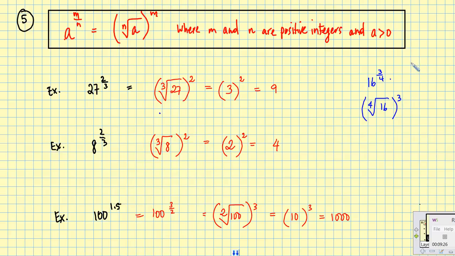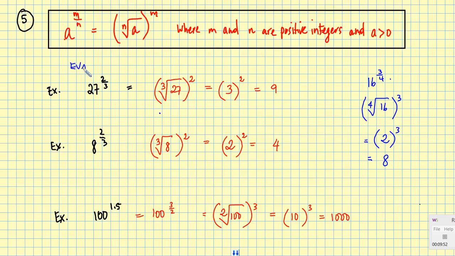Well, the 4th root of 16 refers to what number multiplied by itself 4 times is going to give me 16. That number will be 2 times 2 times 2 times 2, so the number is 2. And then that value of 2 will be raised to the power of 3, which gives us a value of 8.